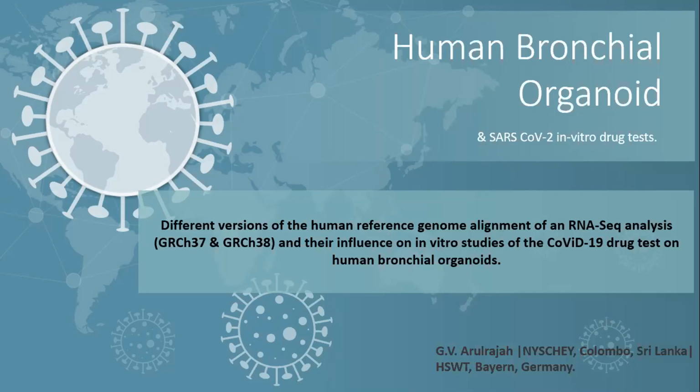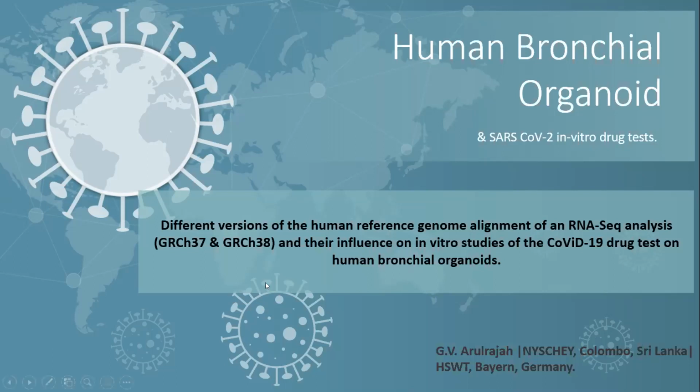Then I found a paper which was so interesting, on human bronchial organoids, which mimic the lung cell. Coronavirus is the currently hot topic that we were talking about and engaged in.